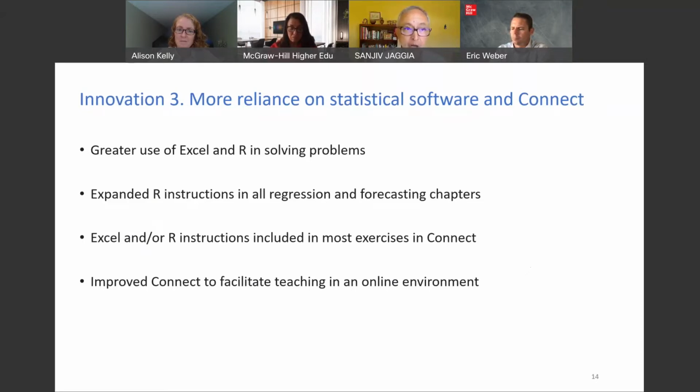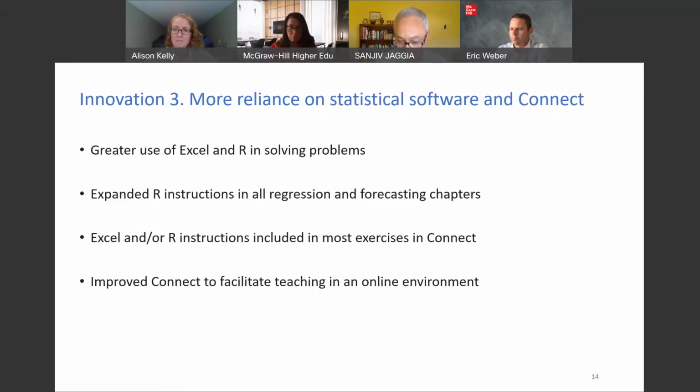And the same thing with technology. I remember estimating some of these more complex models was so difficult. You really needed to know a lot more coding than you do now. Even though we have programs like R and Python, most of the formulas are already there and the libraries are already there.